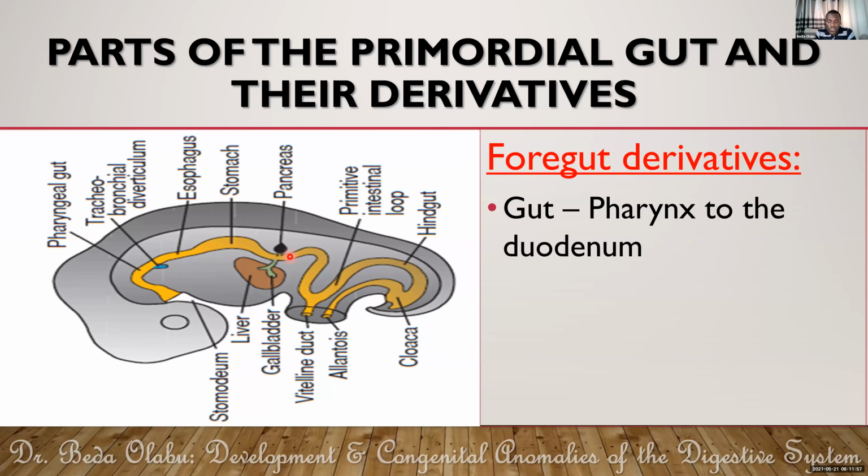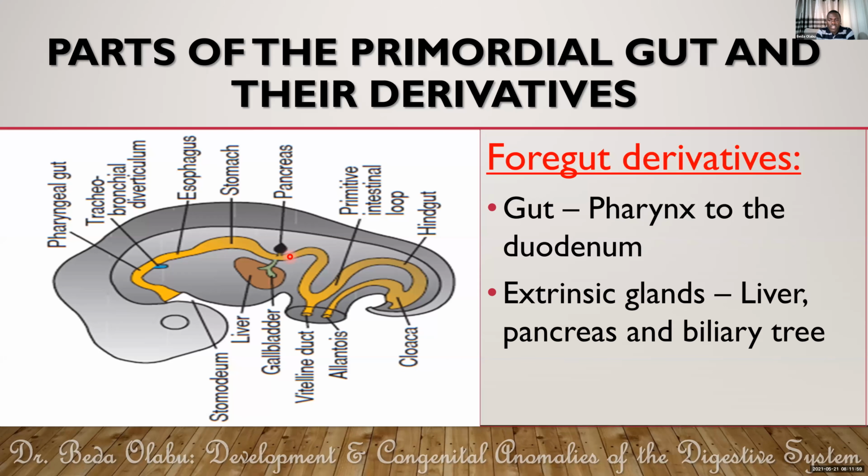In terms of the extrinsic glands, foregut still gives you something. Foregut gives you the liver, the pancreas, and the biliary tree. These are foregut derivatives. So they come from the endoderm of the foregut.